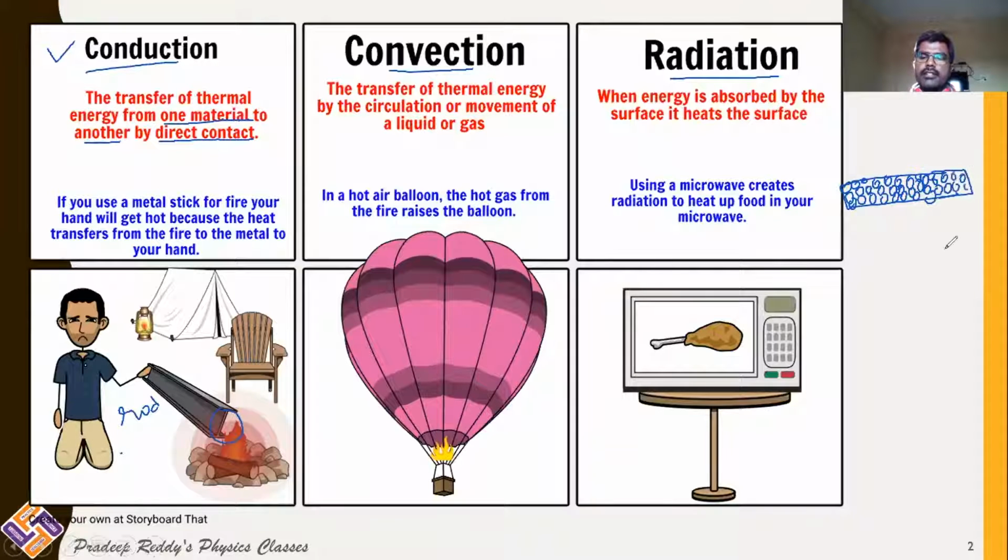This part is in contact with heat energy. First, these atoms get heated up, and these atoms will transfer heat energy to the next. This atom will transfer heat energy to the next one. This one will transfer heat energy to the next one, and this process goes on.